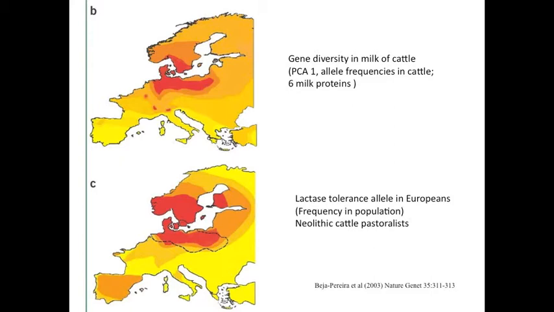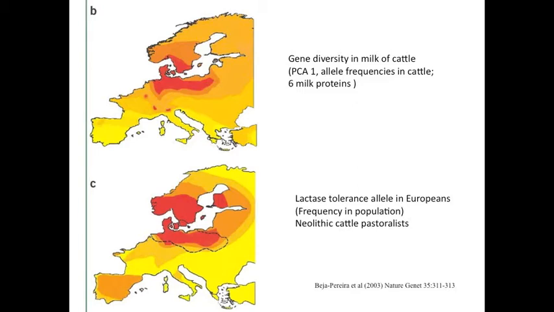This is a graph of, on one hand, the gene diversity in the milk of cattle today. So cattle have 6 different milk proteins. People have sequenced that, done some analysis, and you see the highest diversity of gene diversity in milk is here in northern Germany, Poland, and that kind of thing.